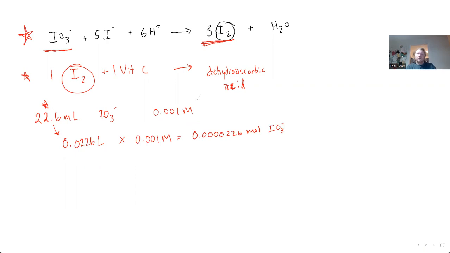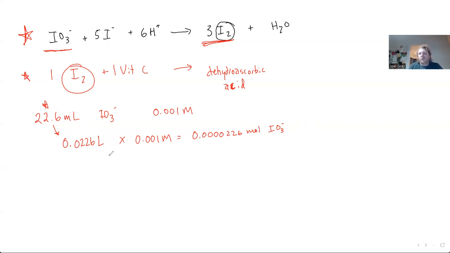So you transferred from your burette 22.6 milliliters of iodate. That solution has a concentration of 0.001 molar. Therefore, you added 0.0000226 moles of IO3 minus.